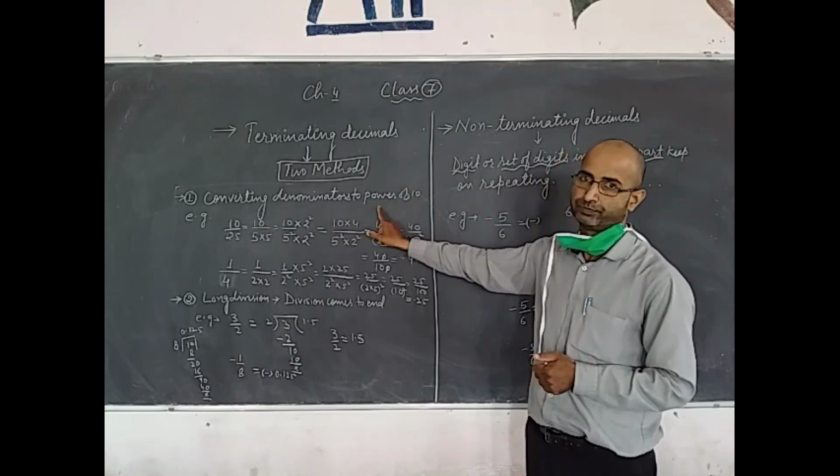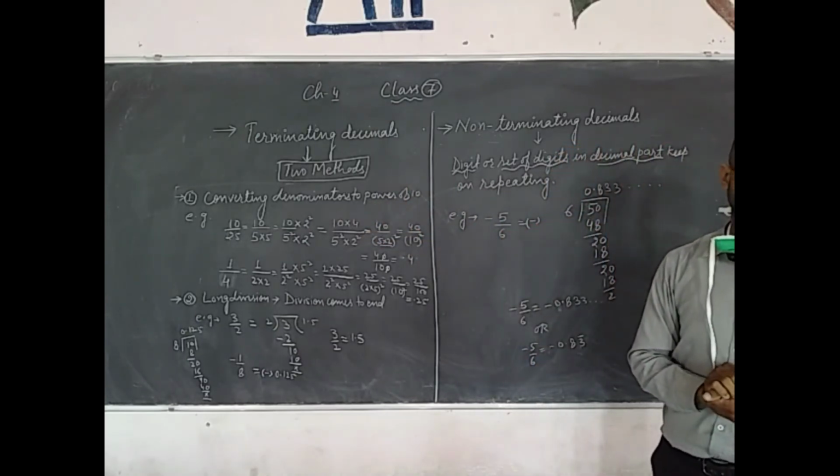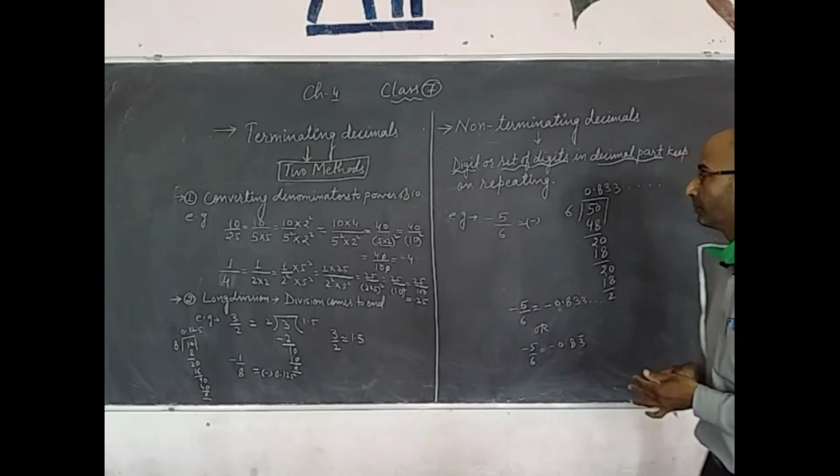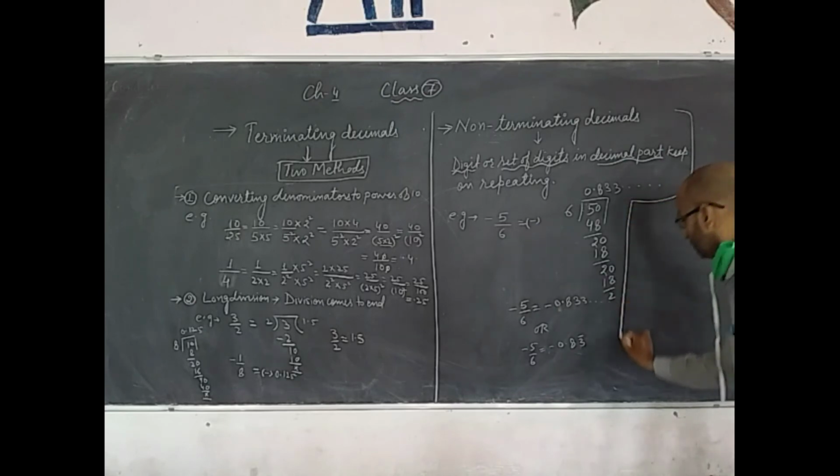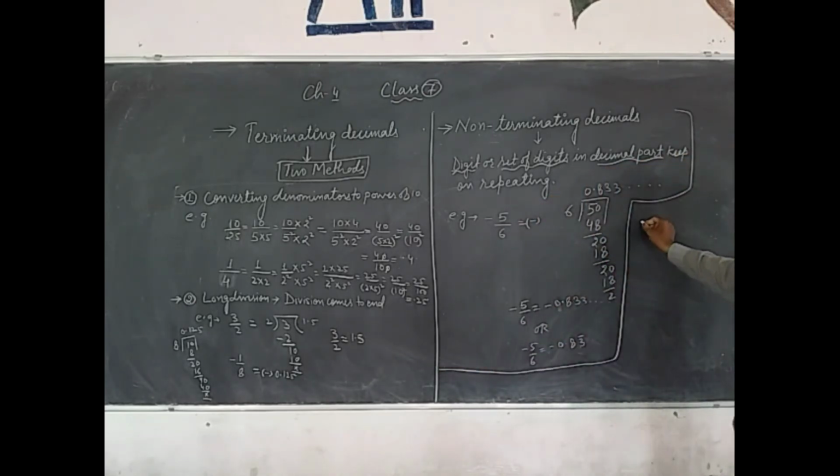Suppose I am giving you one example, 7 upon 21. Now if I take the prime factors of this denominator, I will get 3 into 7.